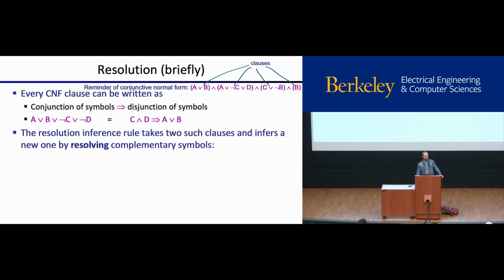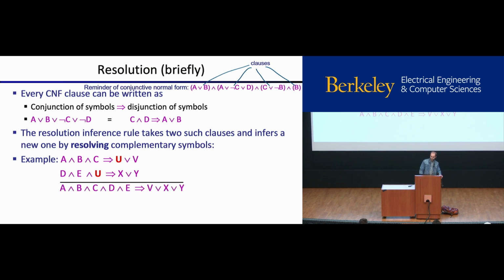The resolution inference rule takes two clauses that we know to be true, and since these are joined by ANDs, we know any two of these clauses to be true if the sentence is going to be true. And then we resolve complementary symbols. So here are our two clauses. A and B and C implies U or V. D and E and U implies X or Y. And then we can write a new sentence.